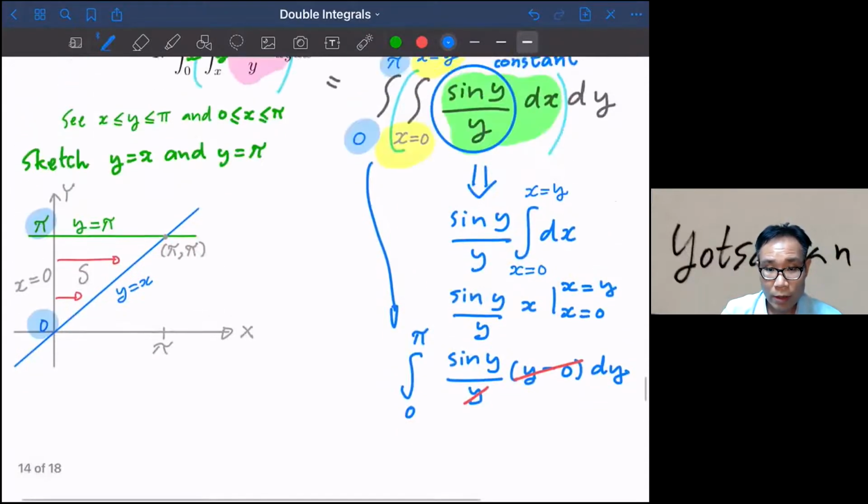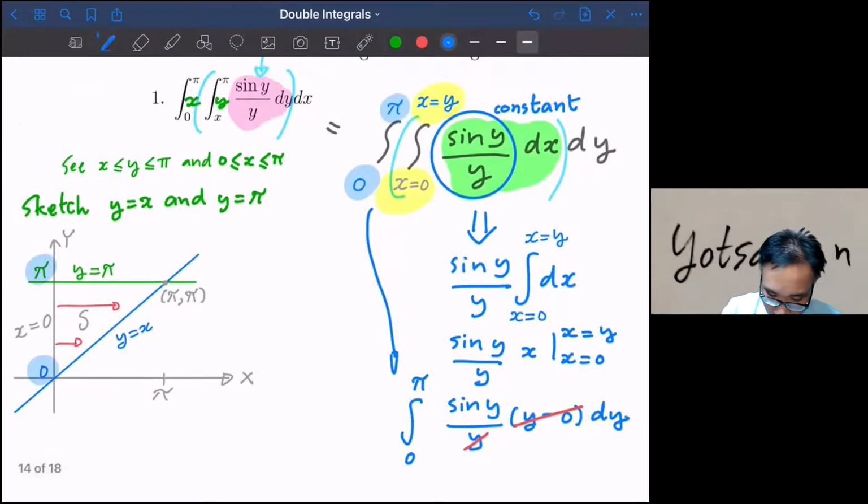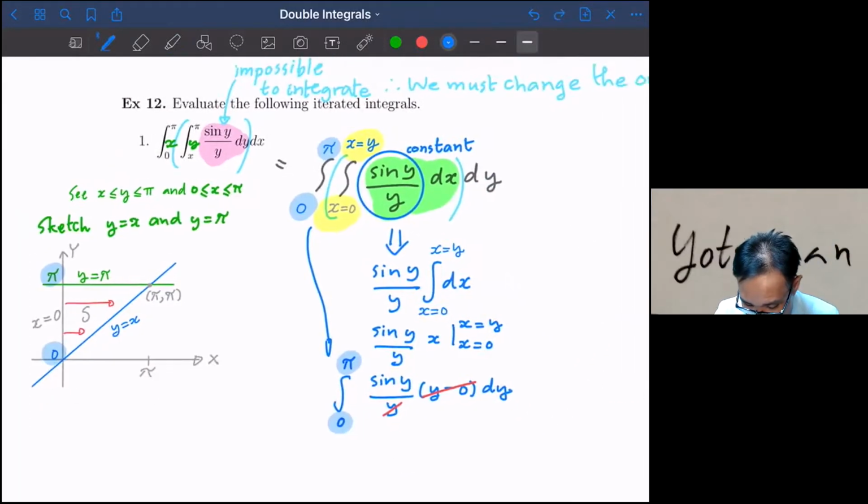So you have this outside integral, integral from 0 to pi, and dy is going to come down also.